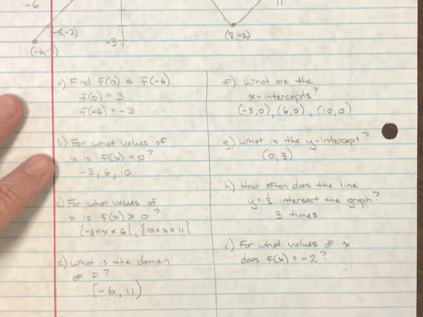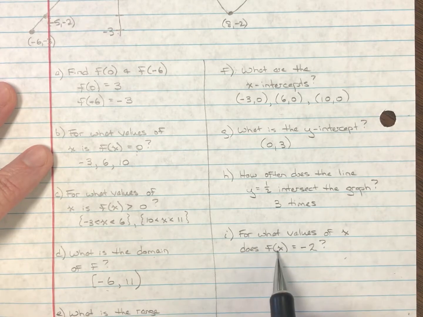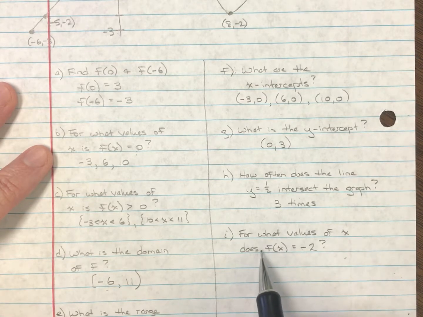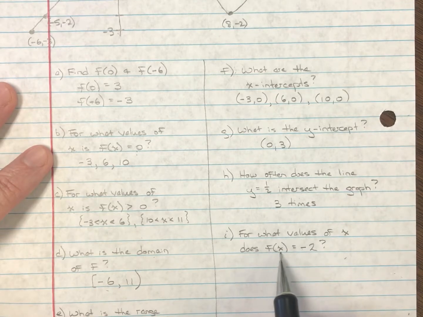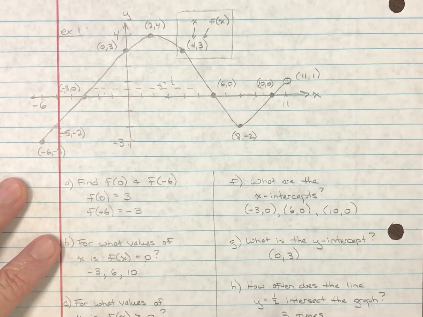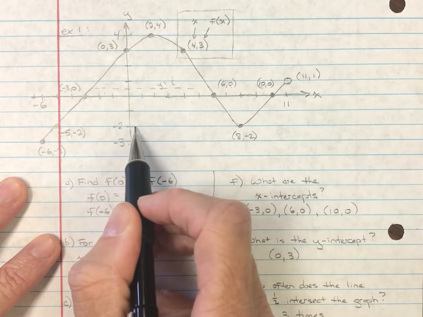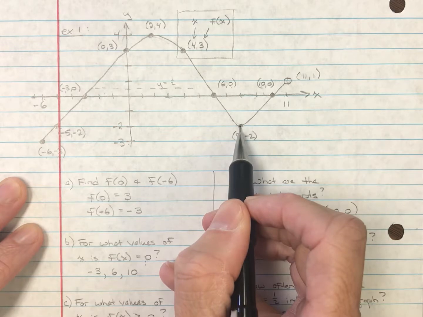Last question, letter I. For what values of x does f of x equal -2? So for what inputs, what x values, do we have a y value, or an f of x, of -2? Let's take a look. Here's -2. It looks like I have 1 here and 1 here that have f of x equal -2.